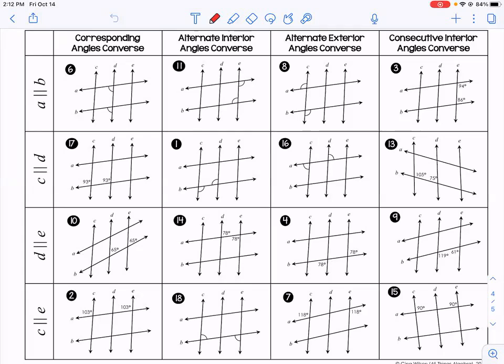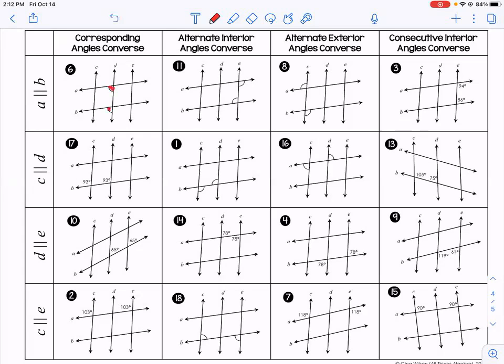Okay, I will have your attention up here, please. Your top line should be 6, 11, 8, 3. Let's go. I just want to point out this number 6 right here.